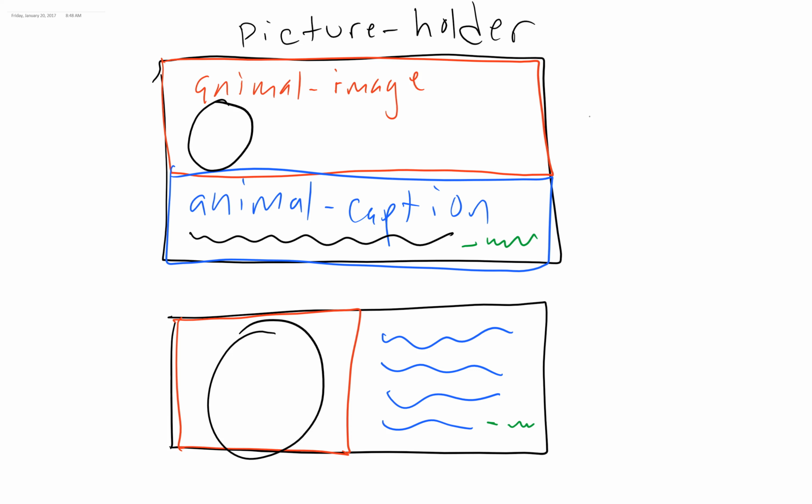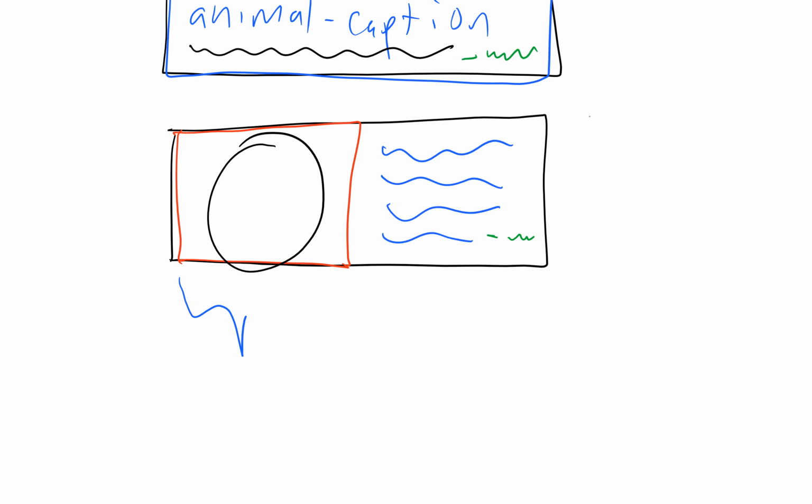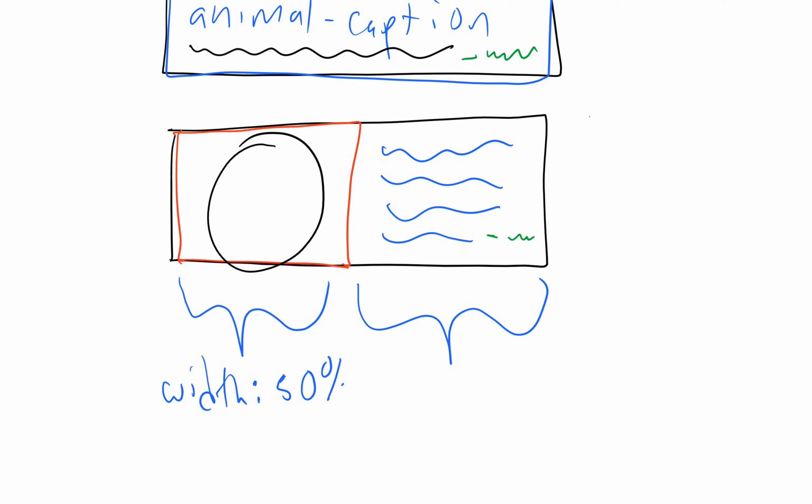Exactly, yes. So I can see a lot of you are already thinking about how we would do this. The first thing we're going to have to do is give each of these a width of what? Since they both take up half, we give them a width equals 50%. And if you do that to both of these, they should want to first take up half of the entire picture holder div.